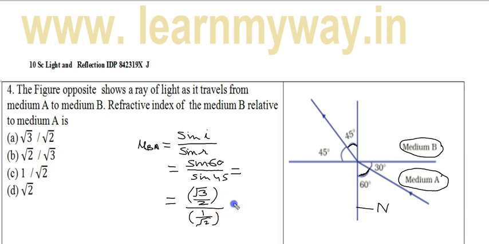So now it comes out to be root 3 by 2 into, taking the value upside down, root 2 over 1.